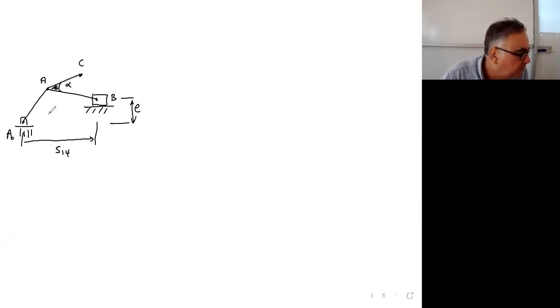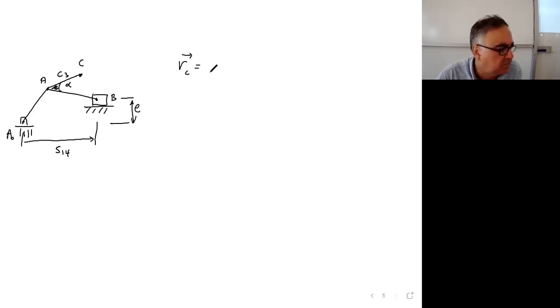Let's call this alpha. And the AC distance, let's call it C3. We can write, for example, the position vector of C as A0A plus AC, or that can be written as A2 e to the i theta 1 2 plus AC.